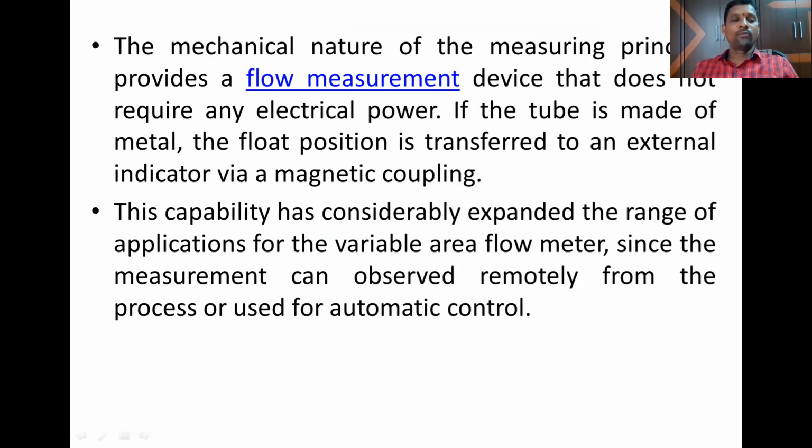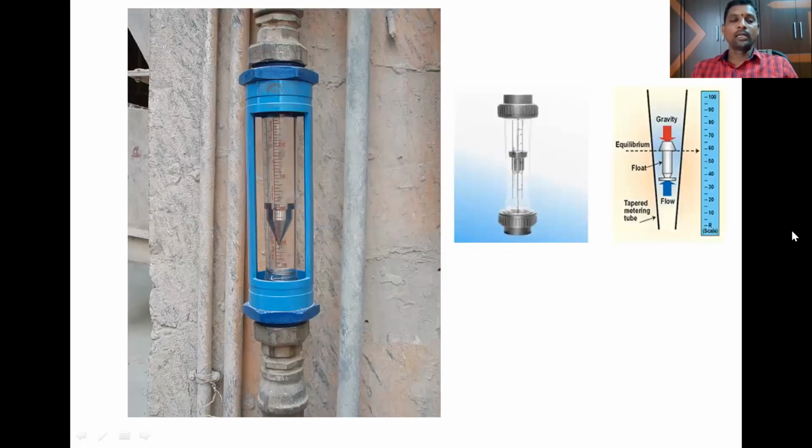If the tube is made of metal, the float position is transferred to an external indicator by magnetic coupling. This capability has considerably expanded the range of applications for the variable area flow meter, since the measurement can be observed remotely for the process or automatic control. And you are seeing a further clear diagram of a flow meter.